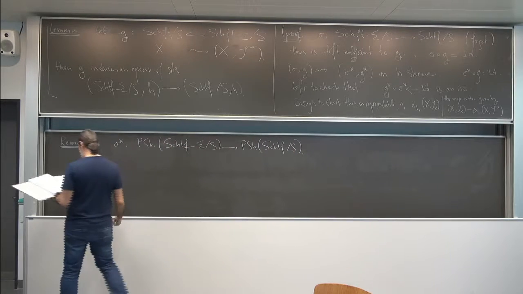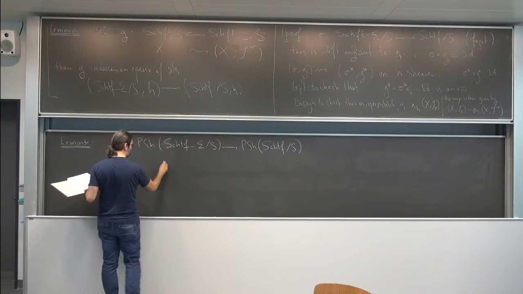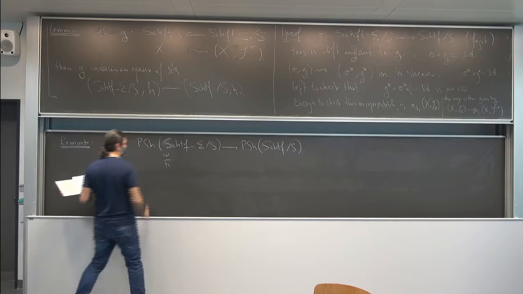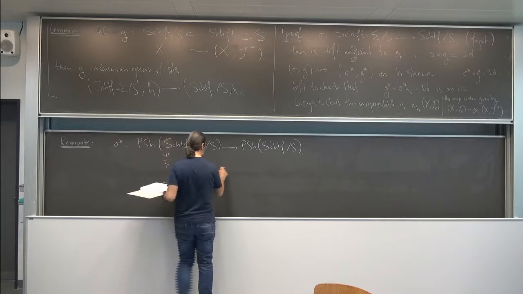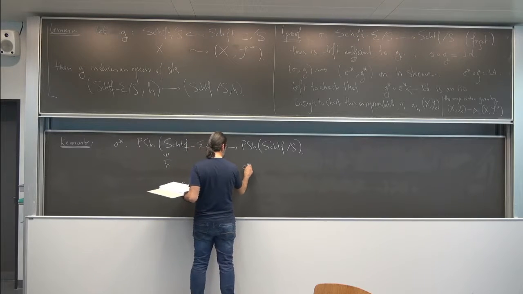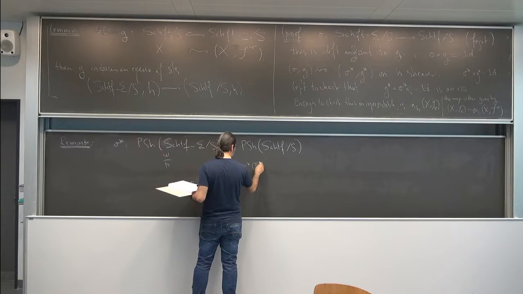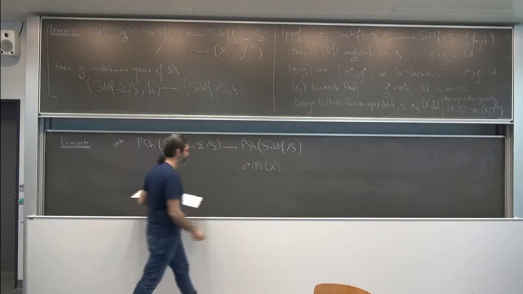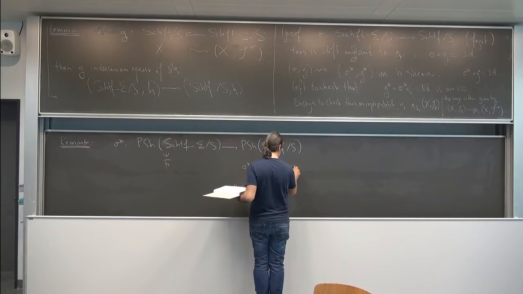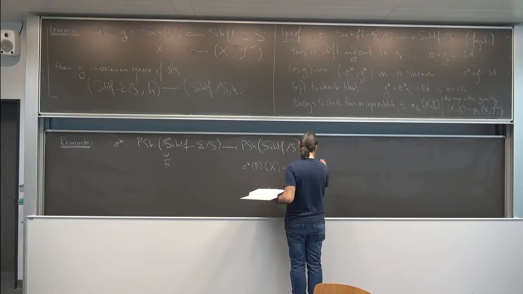If you have F, a presheaf on stratified schemes, then the image evaluated at the scheme X is simply given by taking the colimit over all stratifications of F evaluated at X.